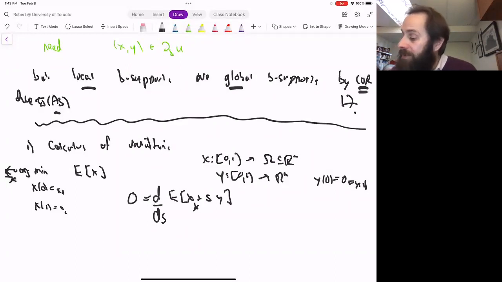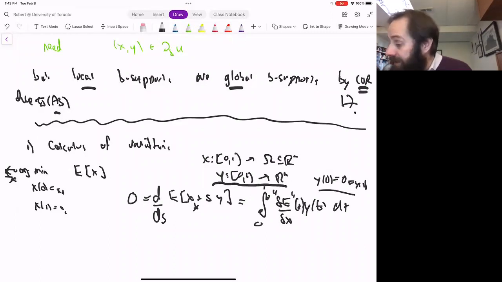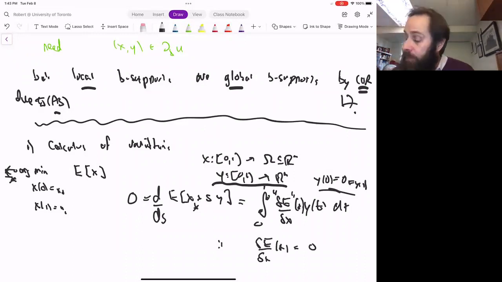And so basically what you want to write this out as, after an integration by parts and so on, is some expression, which I'm just going to call the variational derivative of E with respect to X, but you don't need to know what that is, integrated against Y. This depends on T. And this is supposed to hold for all smooth Y subject to these endpoint constraints. The endpoint constraints help you do an integration by parts. And so the conclusion is that whatever this expression is, which appears integrated against Y, it had better vanish if this integral is to vanish for every Y.